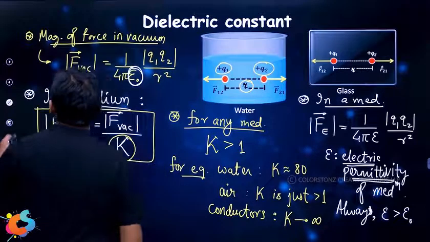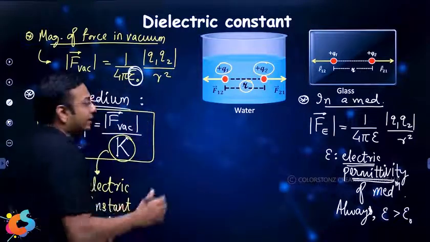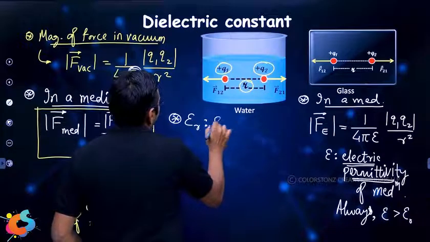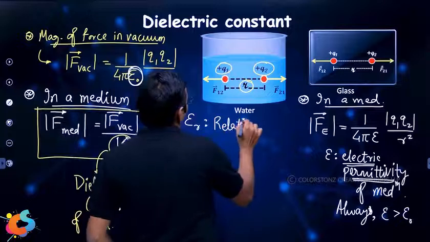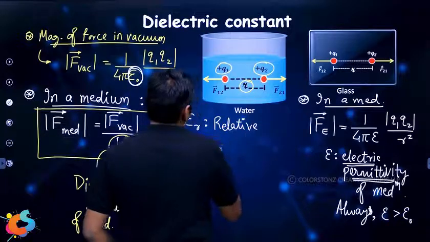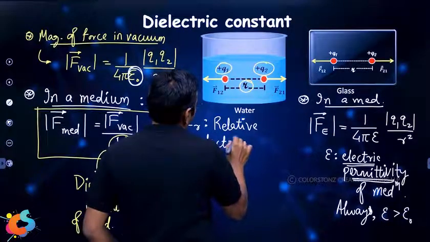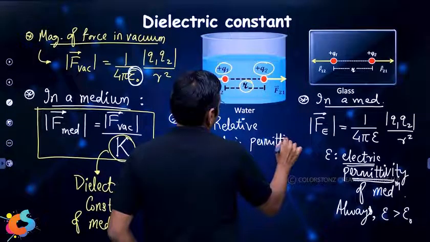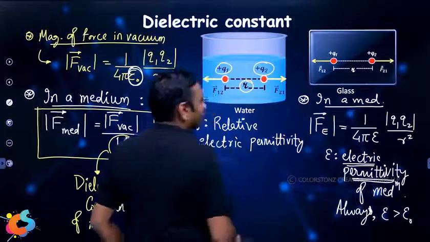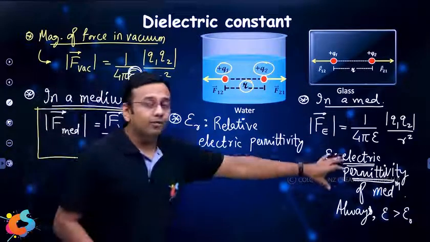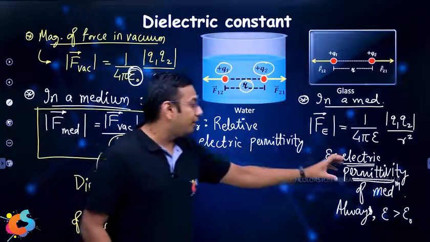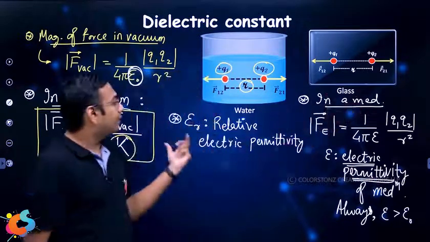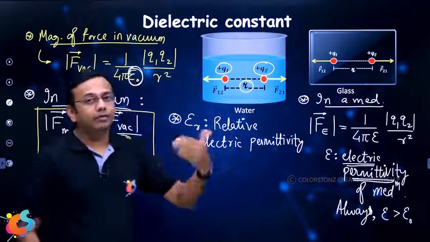So let me remove this part. We define a term epsilon r, which we call the relative electric permittivity of medium. Remember, these terms are for a particular medium. This is the electric permittivity of the medium, and this is the relative electric permittivity of the medium.